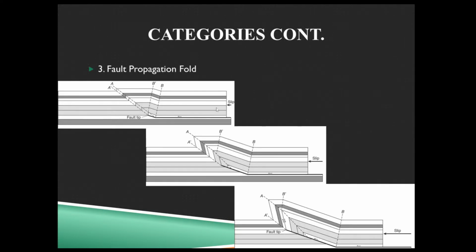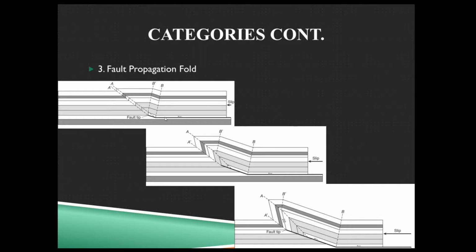And if the fault doesn't reach the surface, but it grows over time, we get a lobe of an imbricate fan. So this is a fault propagation fold. So as this fault tip moves upward, the fold grows.